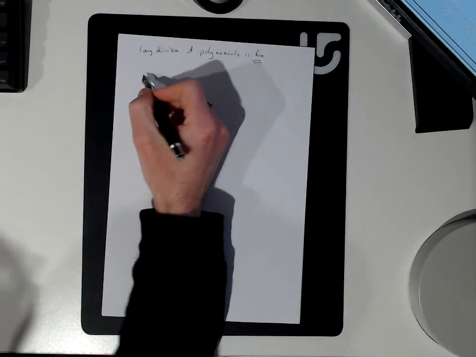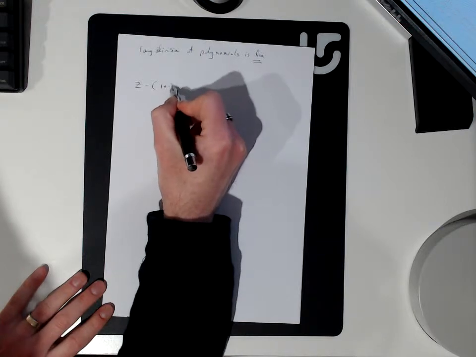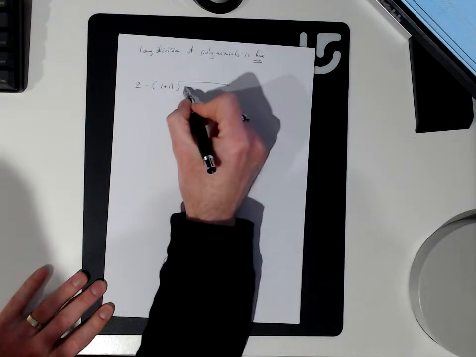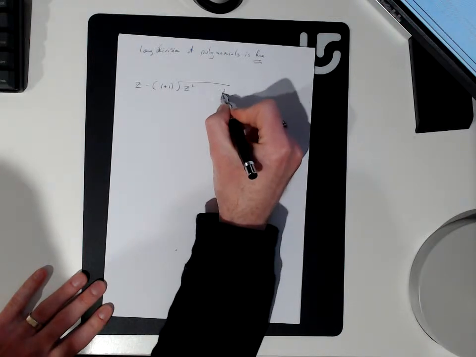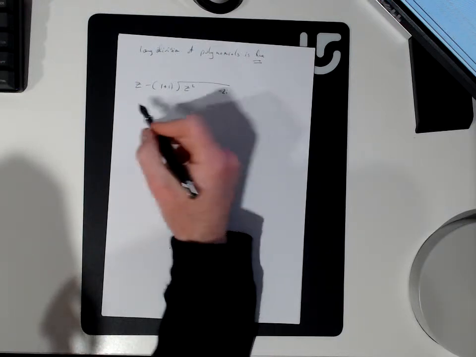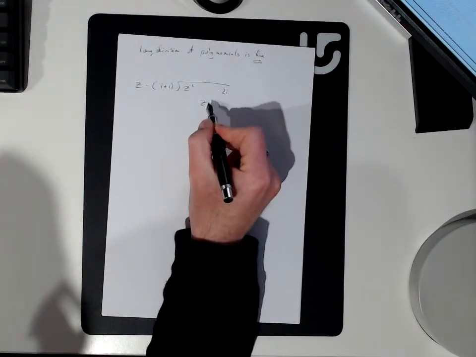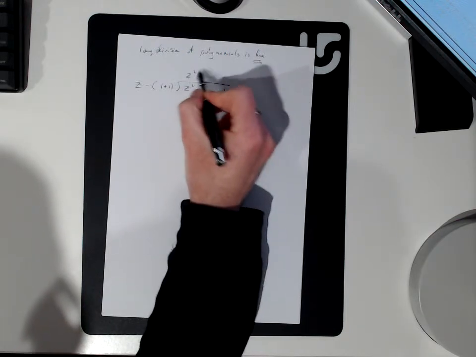Okay, so let's just do the result I just showed you before. z minus (i plus 1) divided into z squared, and there's no z to the power of 1 terms. I'm going to put the minus 2i over here. Okay, what do I times this by to get z squared? Has to be z. That goes there. z, because its power is 2, power is 1. z times z is z squared.